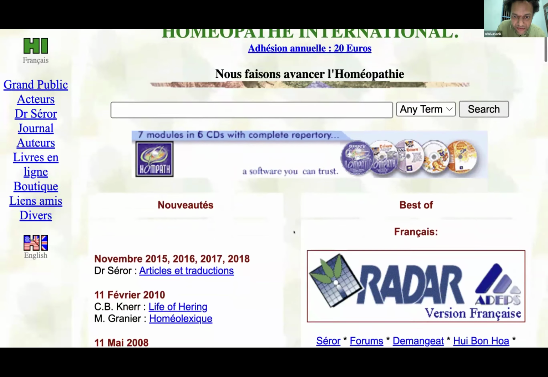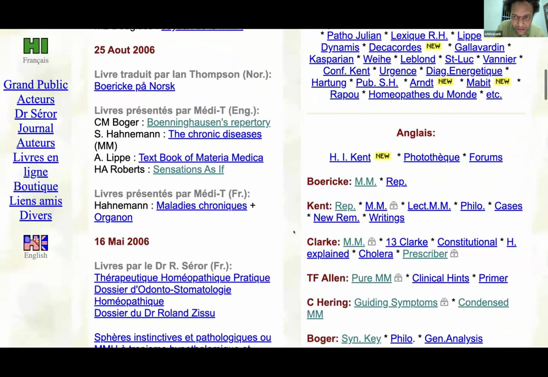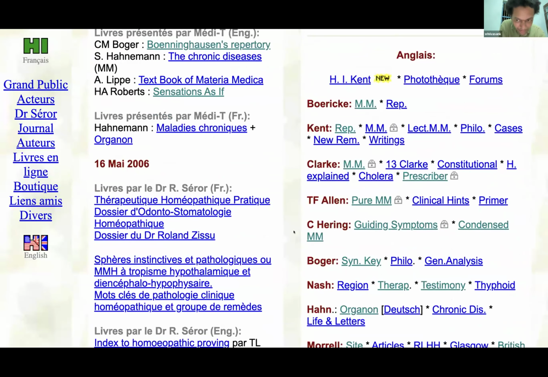You raise the screen slowly. It has right column and left column. In the right column, you see hearing, constant and hearing. Next to that is guiding symptom. I click open this. You can do it in mobile as well as in laptop, Mac or whatever, desktop.